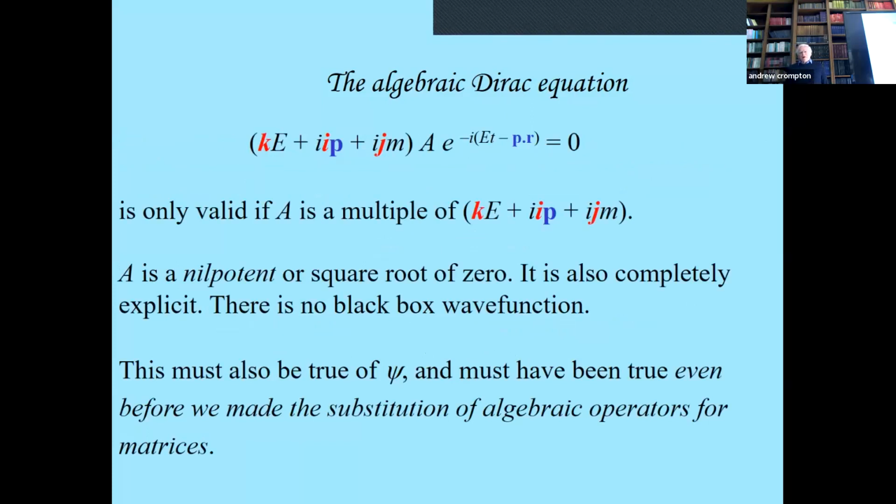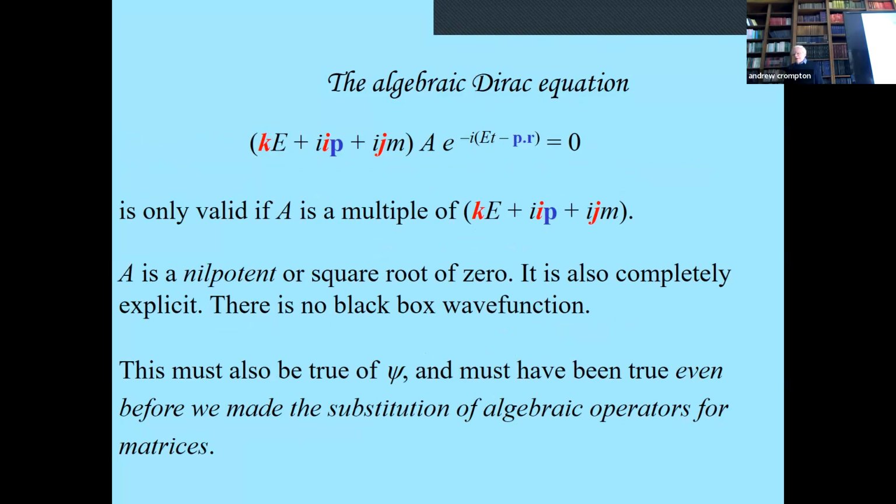But this is only valid if you can't get 0 from the exponential term. That term will never be 0. You can only get 0 if you multiply that ke term by something which zeros it. And the only thing that will zero it is itself, or a multiple of it.